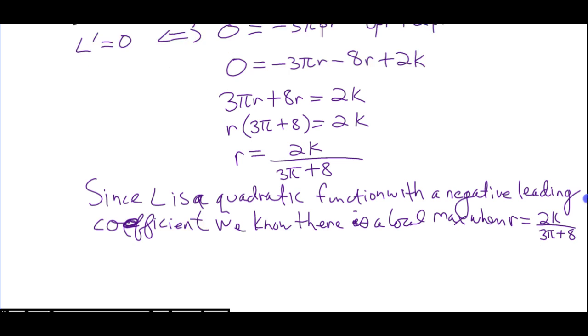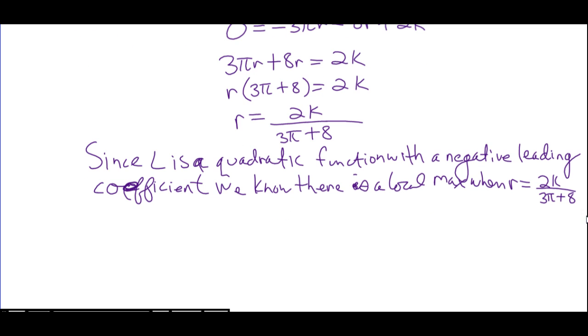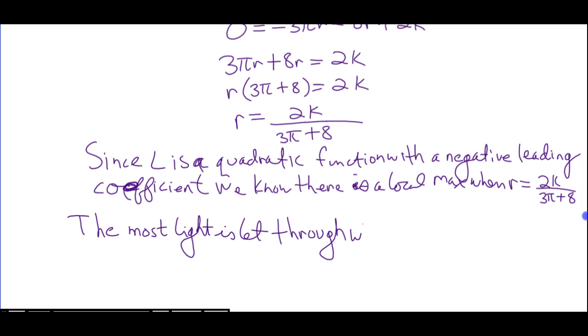And it seems I have to move stuff this way. So the most light is let through when r is equal to 2k over 3 pi plus 8 meters.